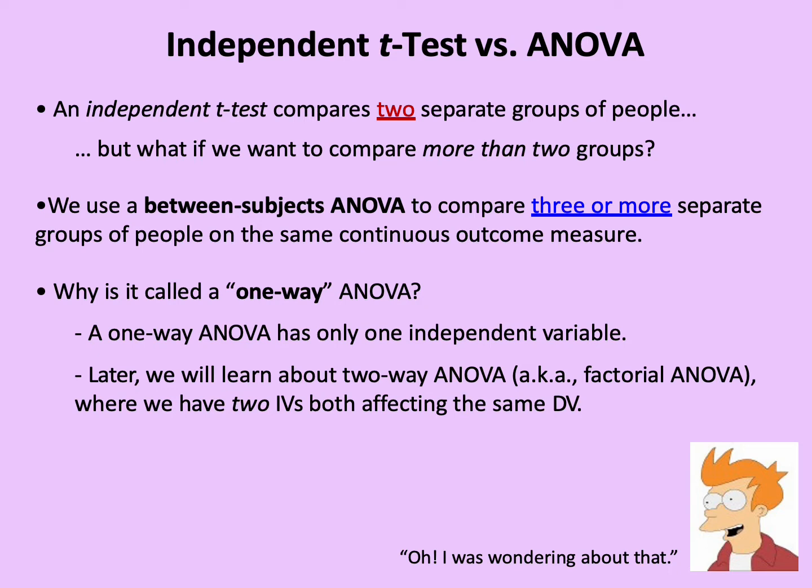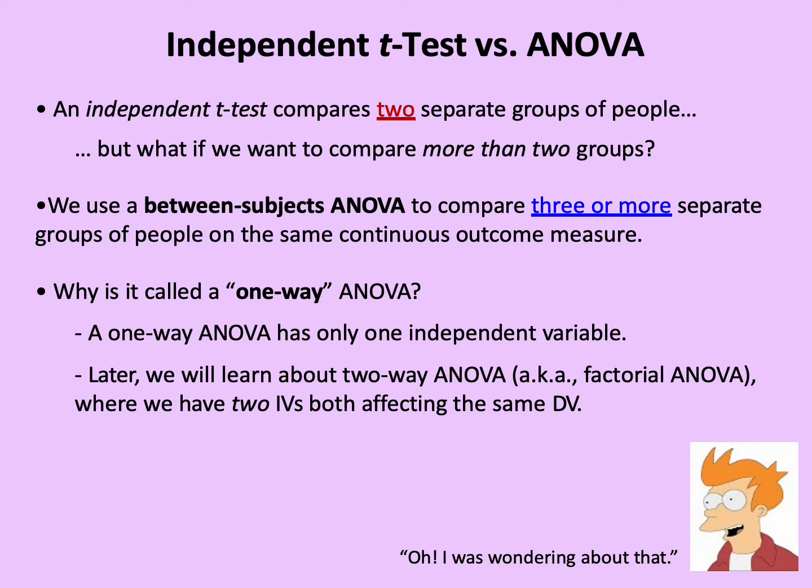The only difference between the independent t-test and the one-way between subjects ANOVA is that with an independent t-test, our categorical independent variable has 2 levels, whereas with the one-way between subjects ANOVA, we're trying to compare 3 or more separate groups of people on the same continuous dependent variable.